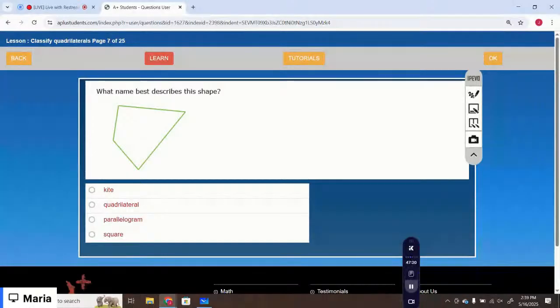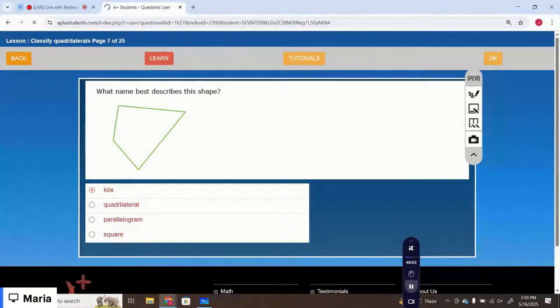What name best describes this shape? Okay, you can complete the lesson by yourself.